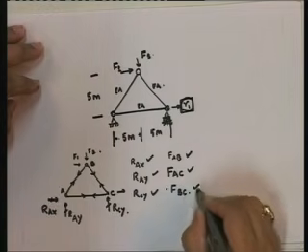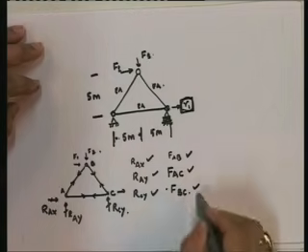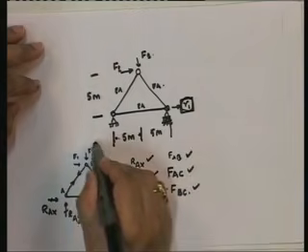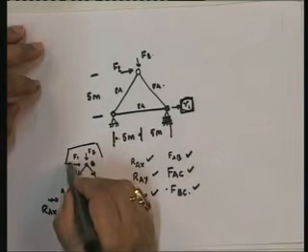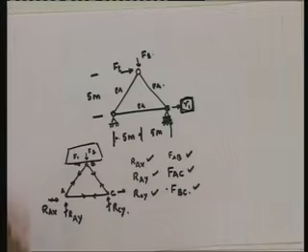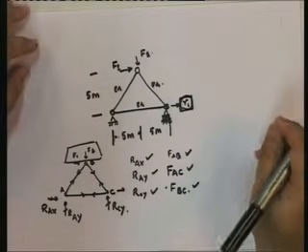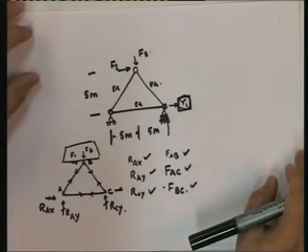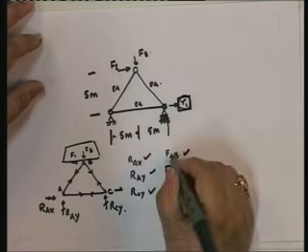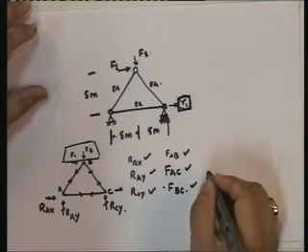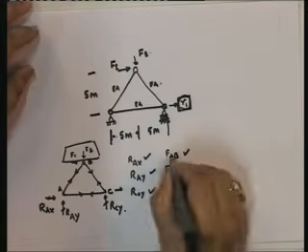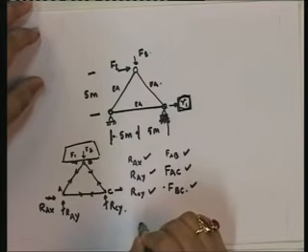These also I can find out. These are for these applied loads. Okay. Now, once you know these, what else do you know? These are the actual forces in these members.